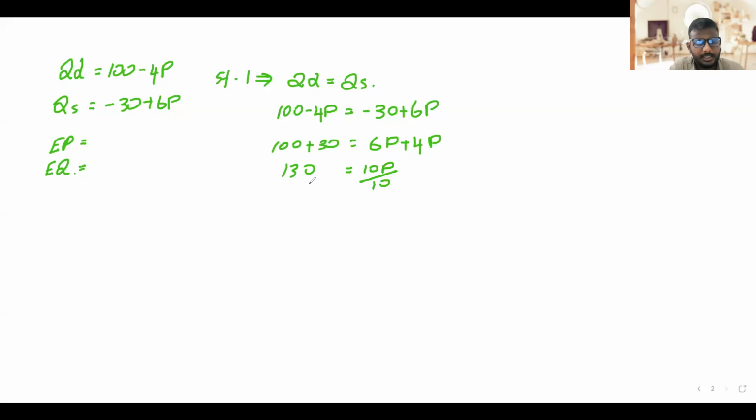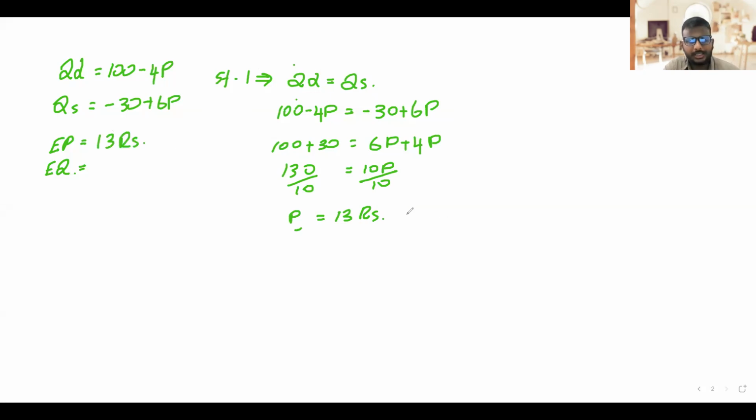You divide this by 10. You do the same on the other side. Now you have price equal to 13 rupees. And this is the price when QD is equal to QS. That's what equilibrium is. Quantity demanded equals quantity supplied. When quantity demanded is equal to quantity supplied, we know price is supposed to be 13. So we have found the equilibrium price.